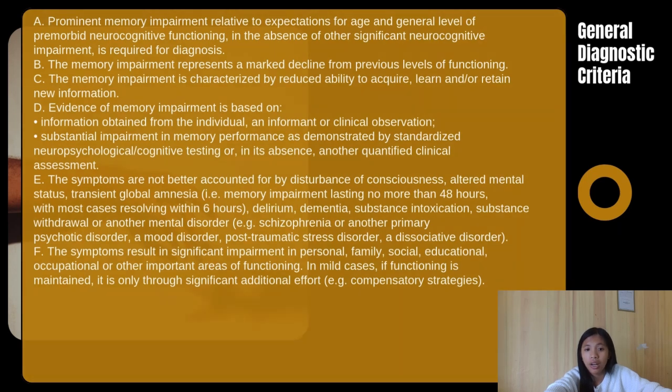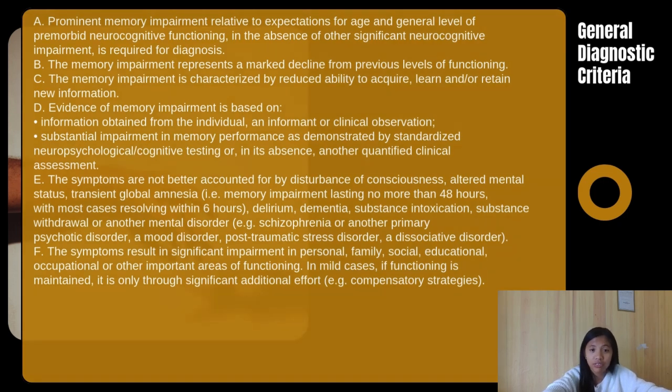So, there's solid proof that the memory issue is there, like the person talks about it or someone closest to them notices it, and the memory tests show that they're doing much worse than expected for their age. Letter F, the symptoms result in significant impairment in personal, family, social, educational, occupational, or other important areas of functioning.